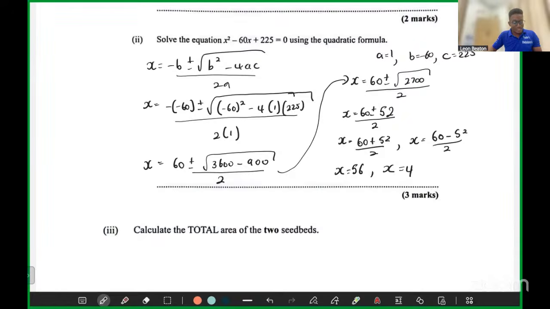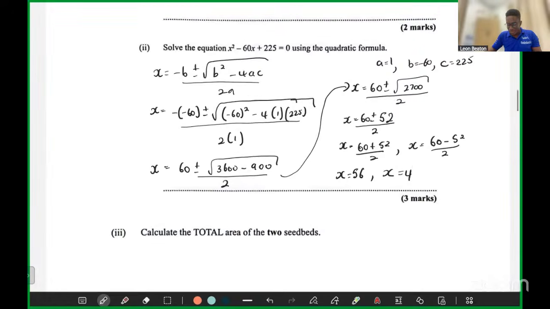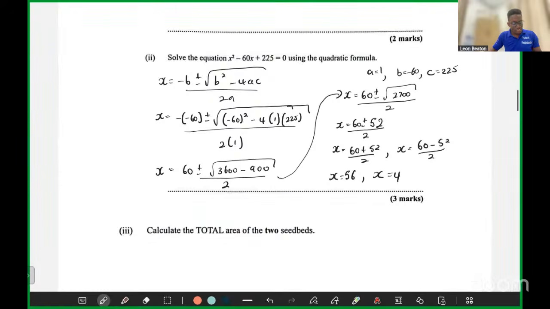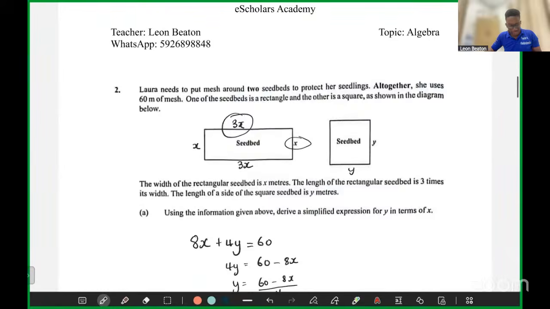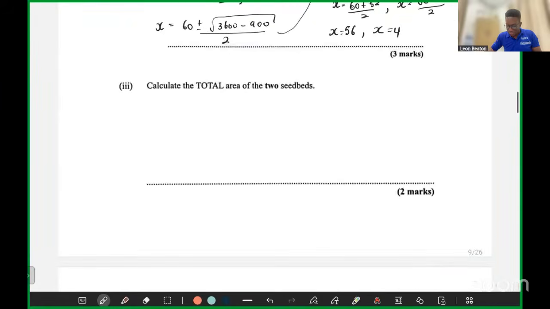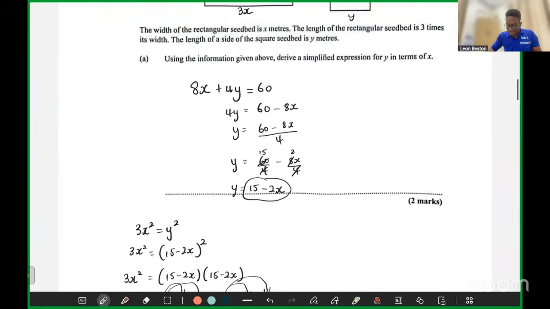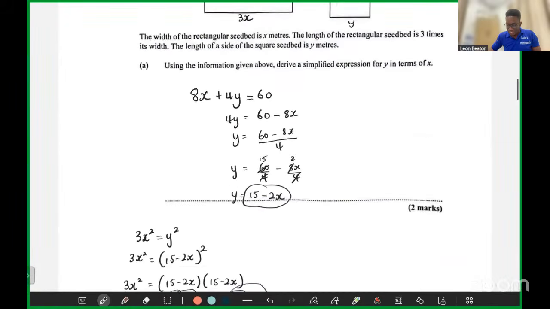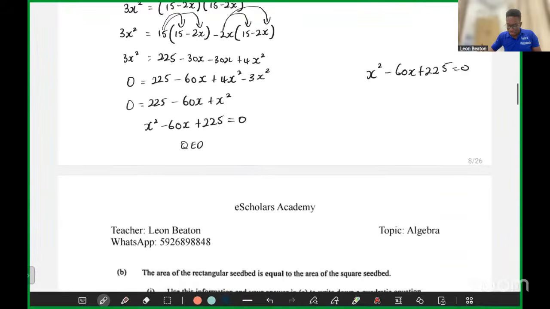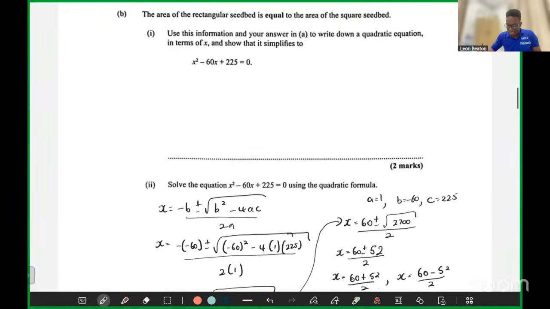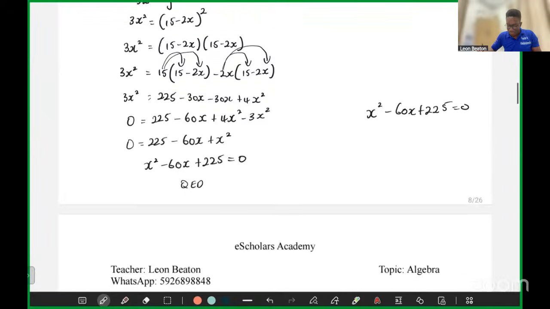All right, so let's go. Calculate the total area of the 2 seat beds. How many marks is this going for? 2 marks. So we found the values for x and we found the values for y. So where are the areas for the 2 seat beds? Where did we find the area?